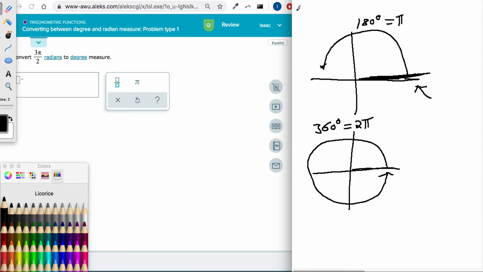Remember the circumference of a circle is 2 pi r, right? Radian measurement is just the special circle where r equals 1. So the entire circumference of the circle is 2 pi. So half of the circle, meaning if you go 180 degrees, that's just 1 pi. So that's what radians really are.